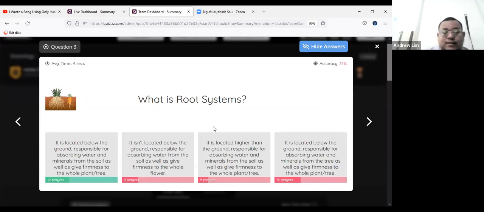As mentioned just now, the root system is below the ground and is responsible for absorbing water for the plants to grow and make food, and also collecting nutrients from the soil. It also helps the plants grip firmly onto the ground, preventing the plant from falling down.